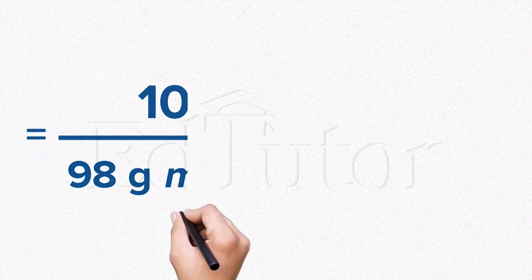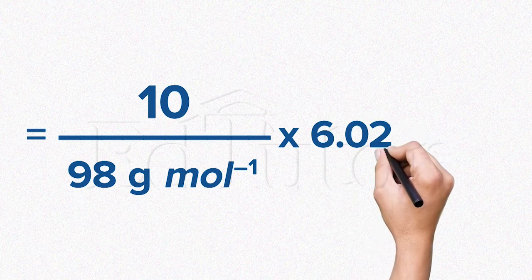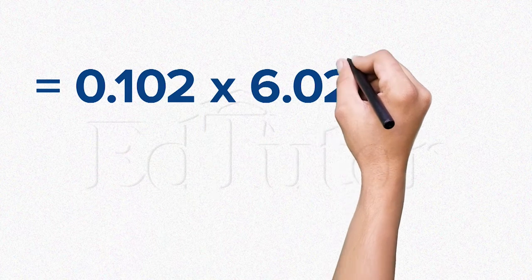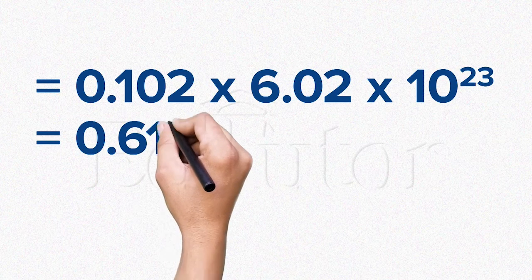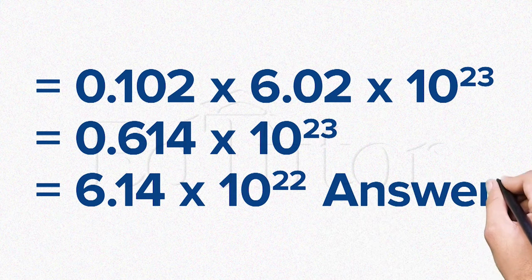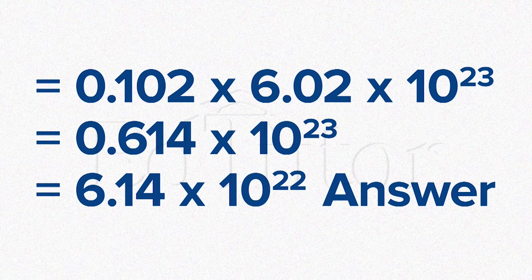Putting the values in the formula, we get 10 divided by 98 multiplied by 6.02 into 10 to the power 23, and by solving it on the calculator, we get 6.14 into 10 to the power 22, or 0.614 into 10 to the power 23. Both the answers are correct.